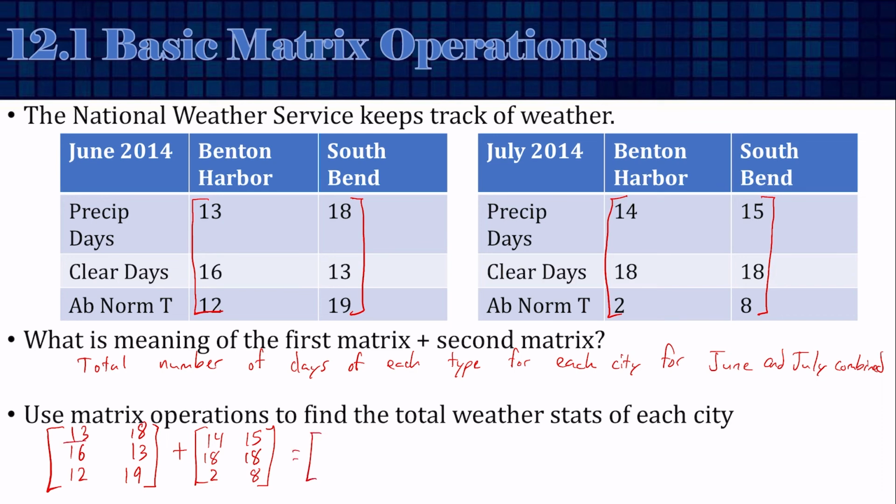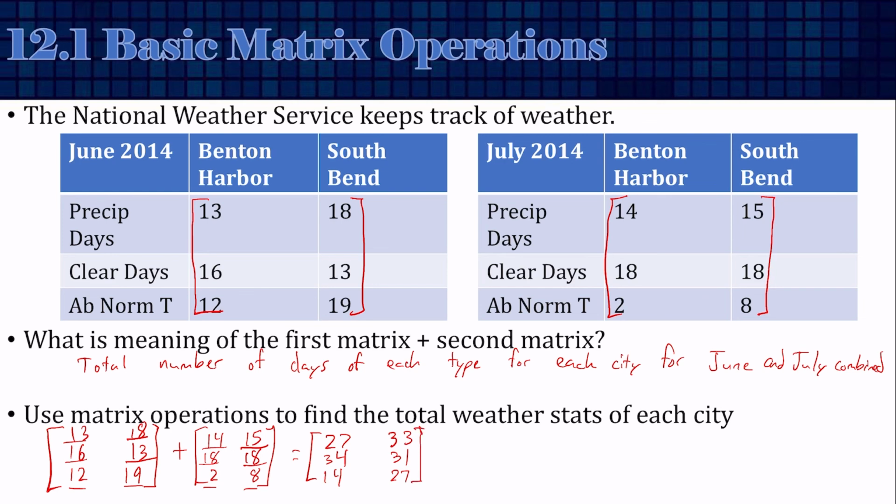All right, so 13 and 14 would be 27. 18 and 15 is 33. 16 and 18 is 34. 13 and 18 is 31. 12 and 2 is 14. And 19 and 8 is 27.